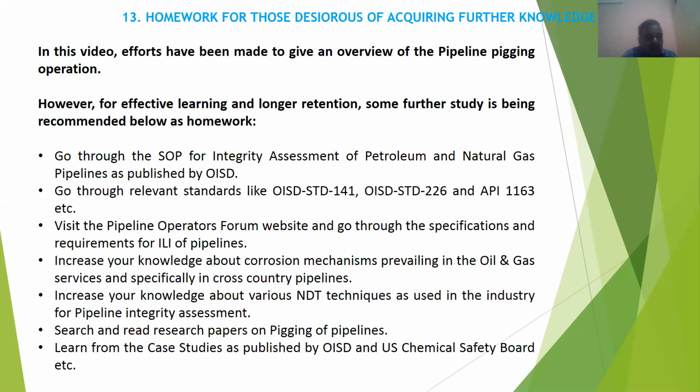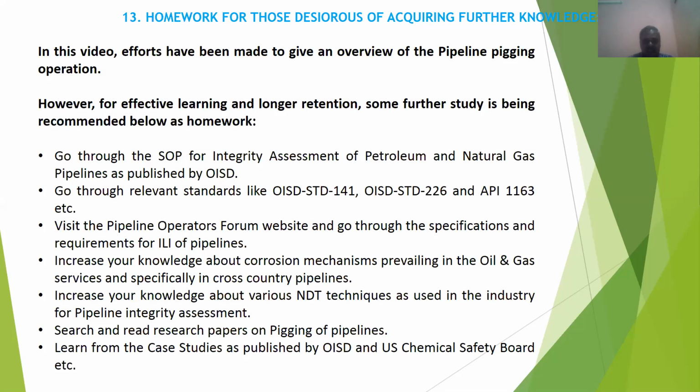Point number 1, go through the SOP for integrity assessment of petroleum and natural gas pipelines as published by OISD. Go through relevant standards like OISD standard 141, OISD standard 226 and API 1163, etc. Visit the Pipeline Operators Forum website and go through the specifications and requirements for ILI of pipelines. Increase your knowledge about corrosion mechanisms prevailing in oil and gas services and especially in cross-country pipelines.